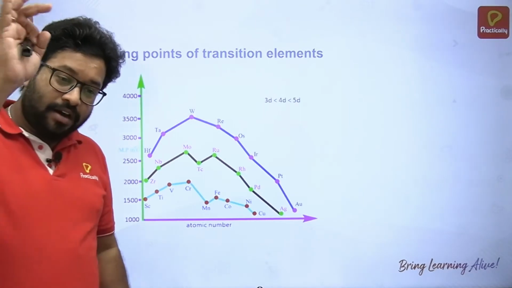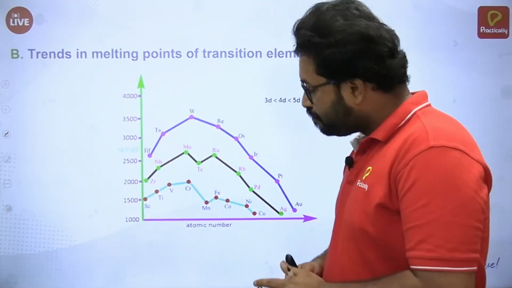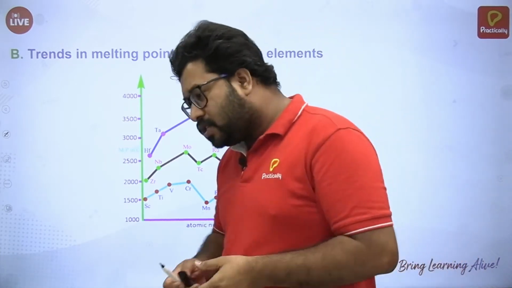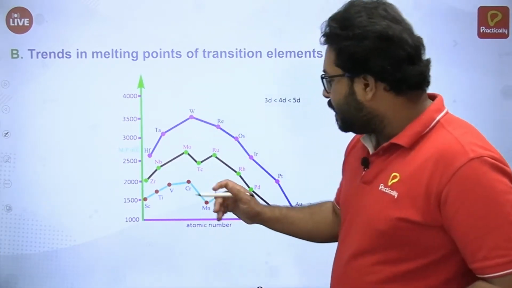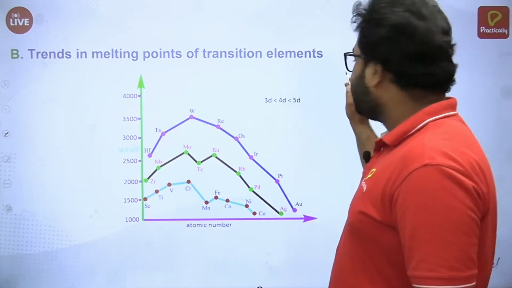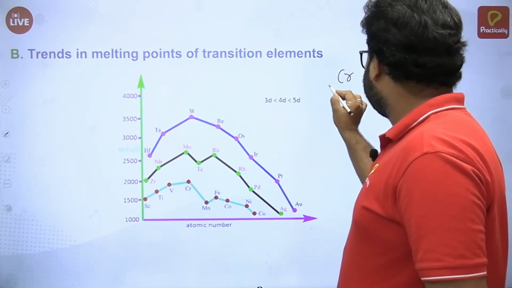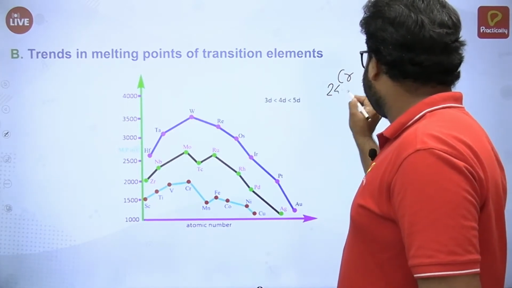Now this point is really catchy and really interesting. We know that we start from scandium, titanium, vanadium, chromium. Whenever you're talking about chromium, how do you write the electronic configuration? Chromium's atomic number is 24, right?